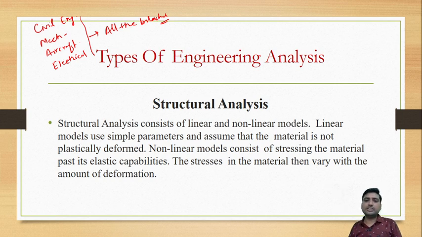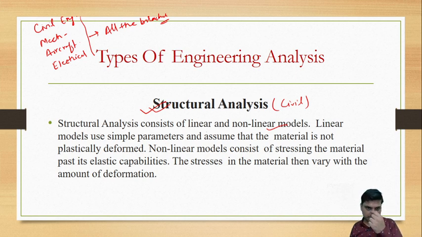Types of engineering analysis: first one is structural analysis. This is what we will study, because in civil engineering whatever structures are there can be analyzed by this method. Structural analysis consists of linear and non-linear models also. So it is not only linear problems, we can solve non-linear problems also.